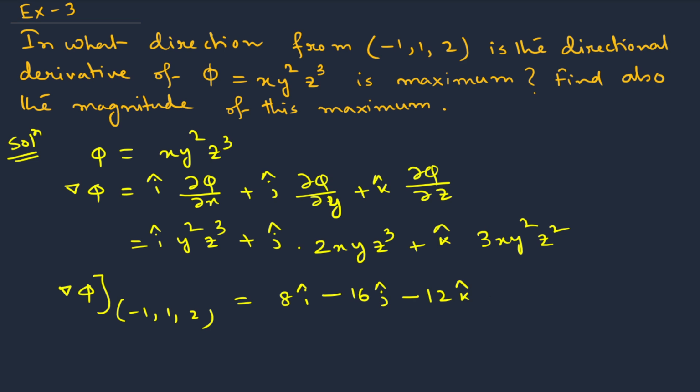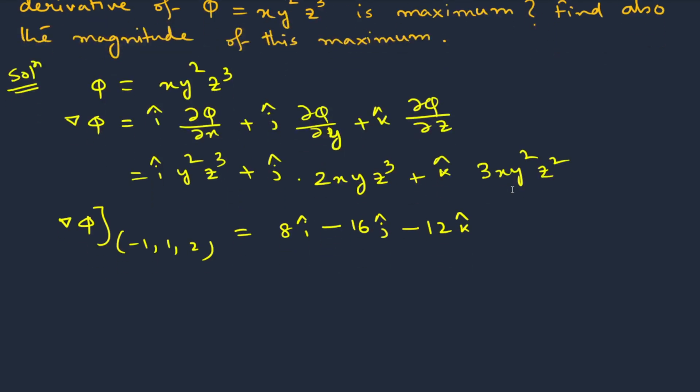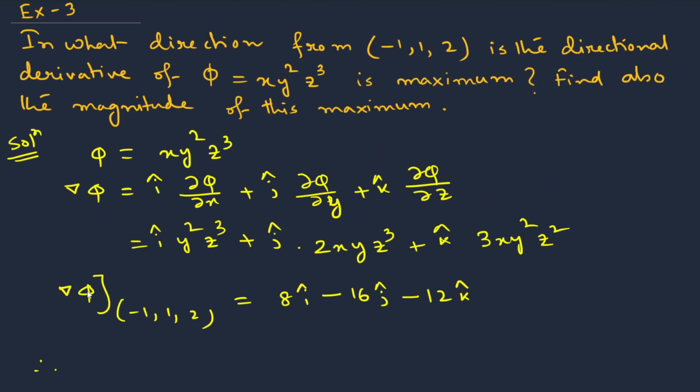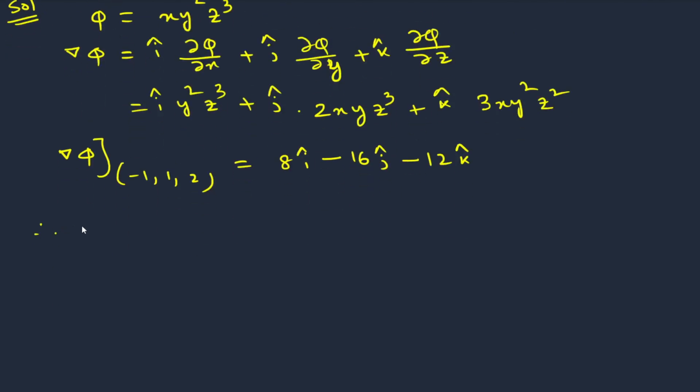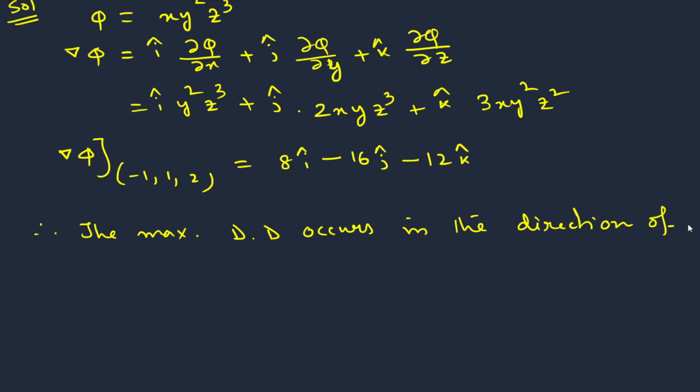Now how to find the maximum directional derivative? So therefore first we have to find the direction in which the directional derivative is maximum. Okay. So the maximum directional derivative occurs in this particular direction, in the direction of nabla phi, which is 8 i cap minus 16 j cap minus 12 k cap.